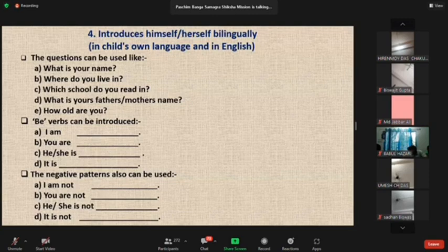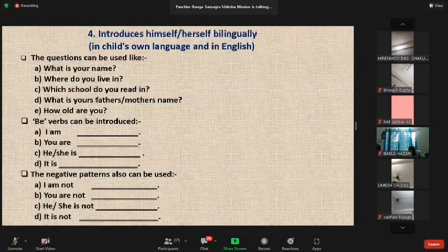So after practicing this, we can also introduce the be verbs in this section. But not only saying that am, is, are are the be verbs, not only that. We can say I am a girl. You are a boy. He is a boy. She is a girl. It is a pen.